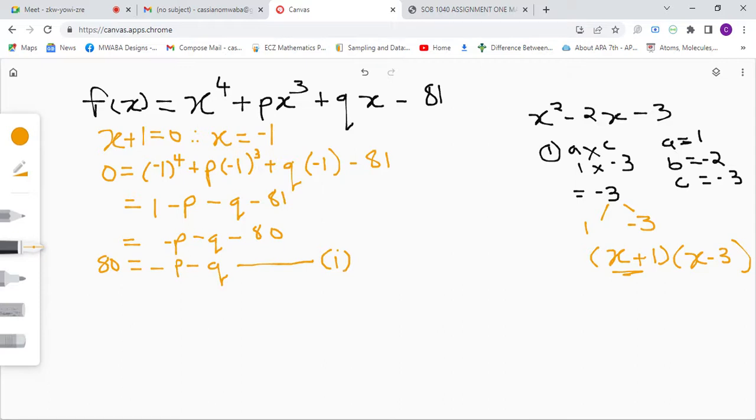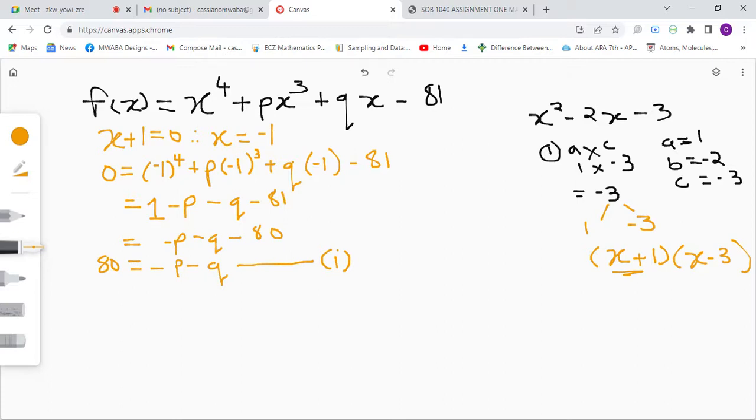That will be our equation 1. Sir, excuse me.